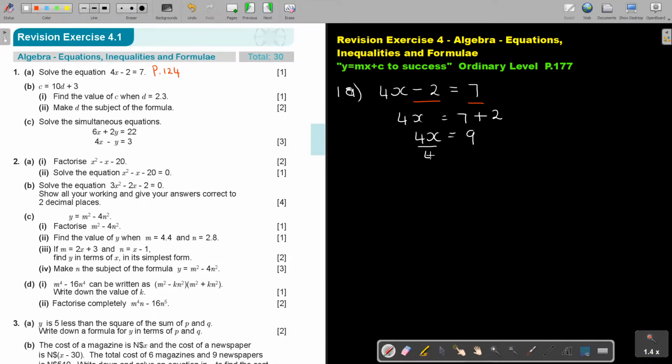And then I divide by 4, and I can leave it as 9 over 4, or I can write it as 2 1/4. So I'm getting an answer of x, usually with an equation. With an expression, there's usually 2 or 3 terms, but with an equation, there's most of the time a specific number. Okay, let's go to the next one.